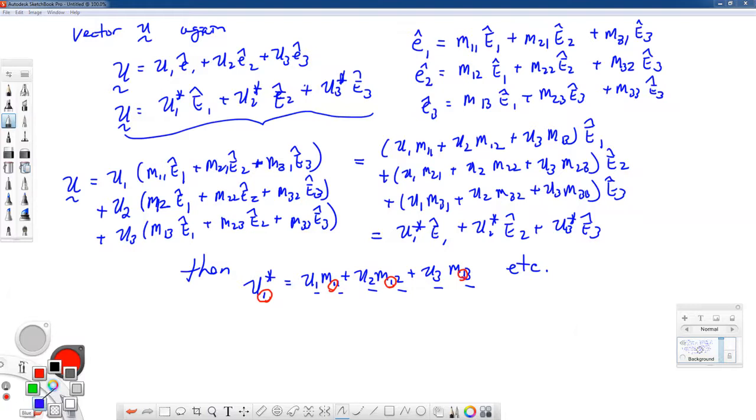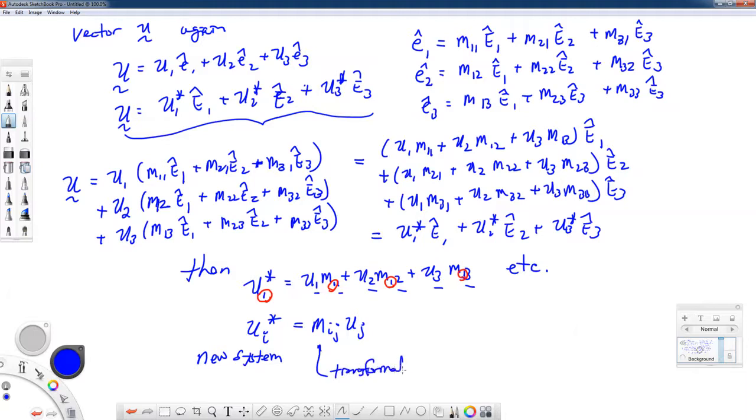So we can say in general terms that ui star, where i could be 1, 2, or 3, the free index, is equal to mij uj. So over here is the new components, that's the new coordinate system. We have the transformation matrix, and then this uj is the old system.